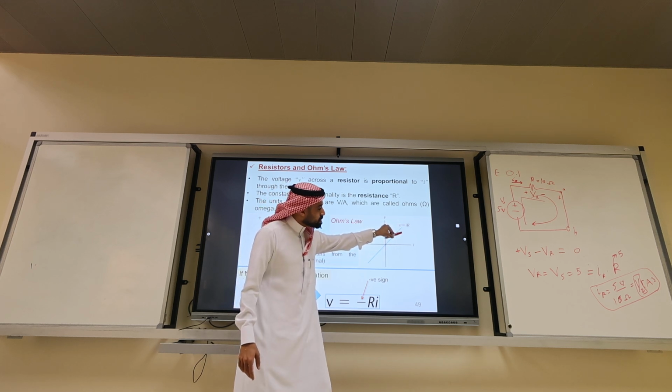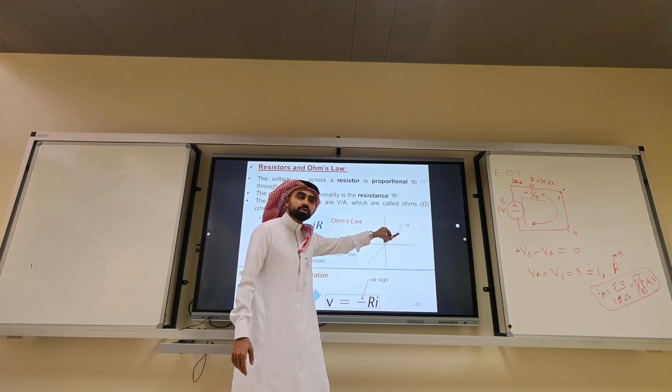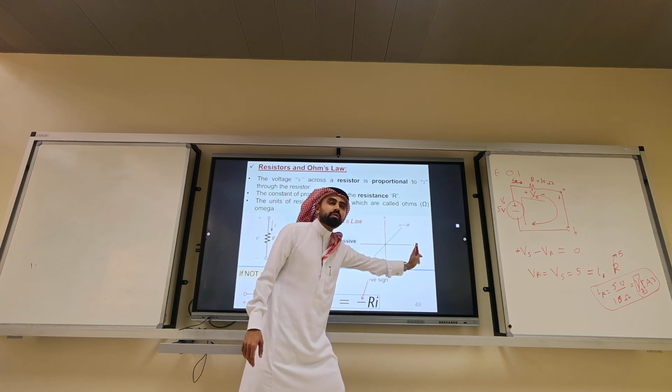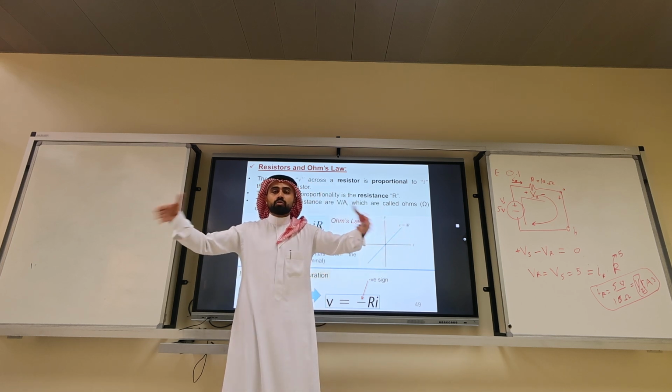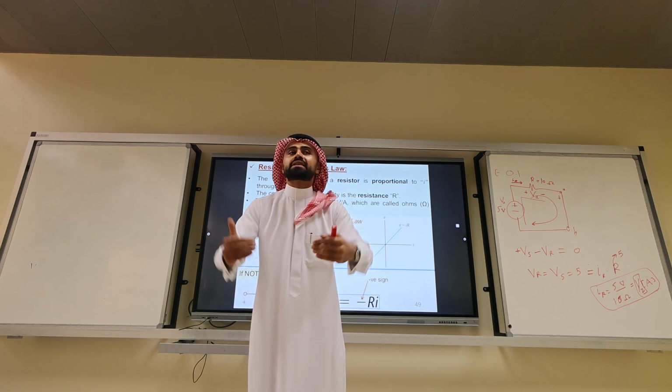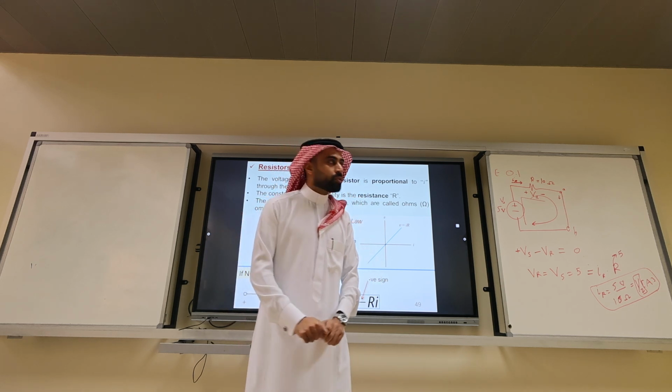If we reduce the slope, reduce the impedance, for the same amount of voltage, we will have more current. And does this make sense with the definition of resistance? Yeah, the more we resist, the less current will flow.